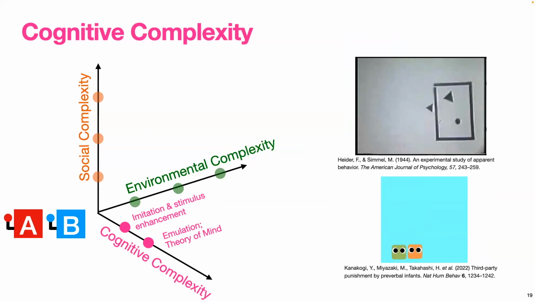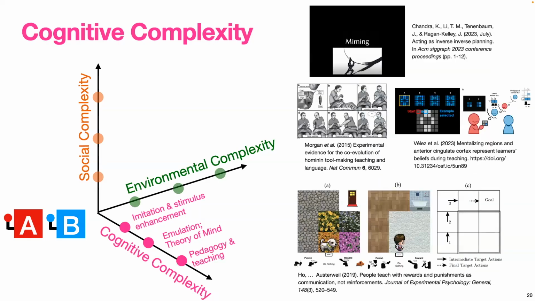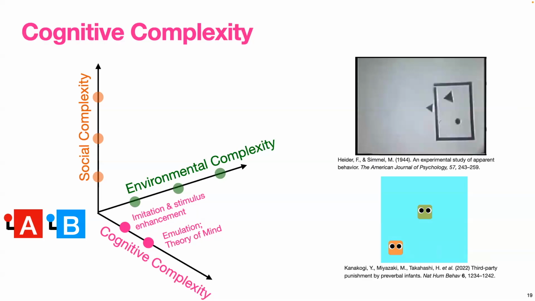So some forms of social learning might benefit from these theory of mind social inference abilities. And humans are very well known to have a very strong tendency to show this theory of mind.